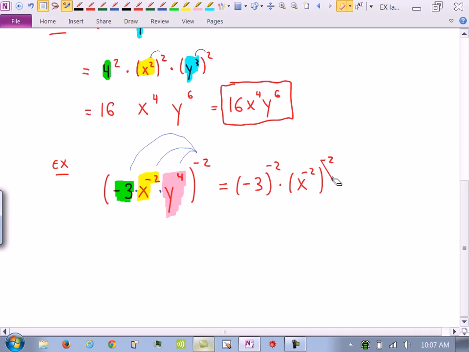Times y to the 4th in parentheses, sorry, I jumped the gun there, to the negative 2. That's it. That's each of the three factors, all getting the negative 2 power applied to them.